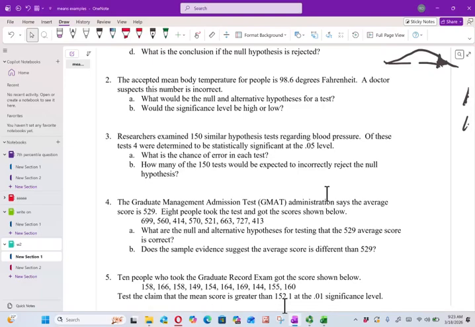What's the chance that any one experiment was a mistake? That's the 5%. If I did 150, how many would I expect, purely by chance, to come out wrong, to reject incorrectly, to say that the null hypothesis is not true? I have rejected it when it really was true.